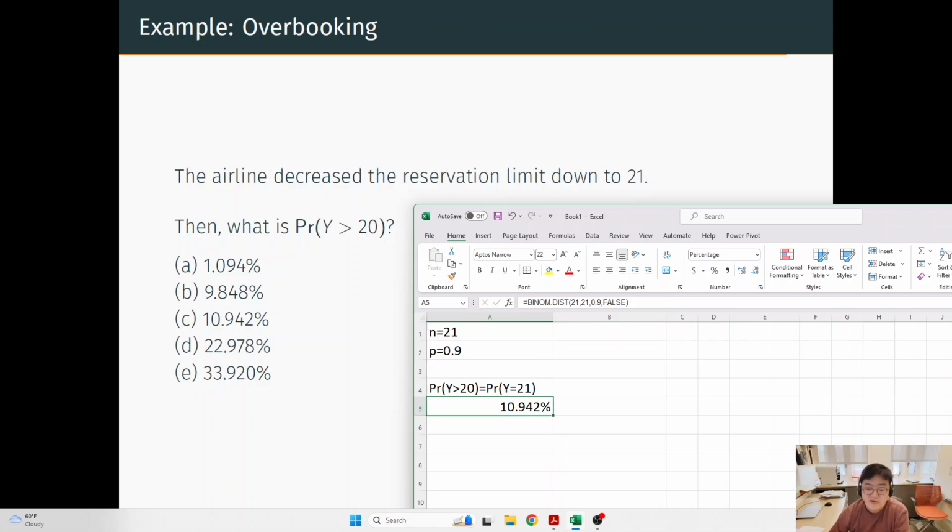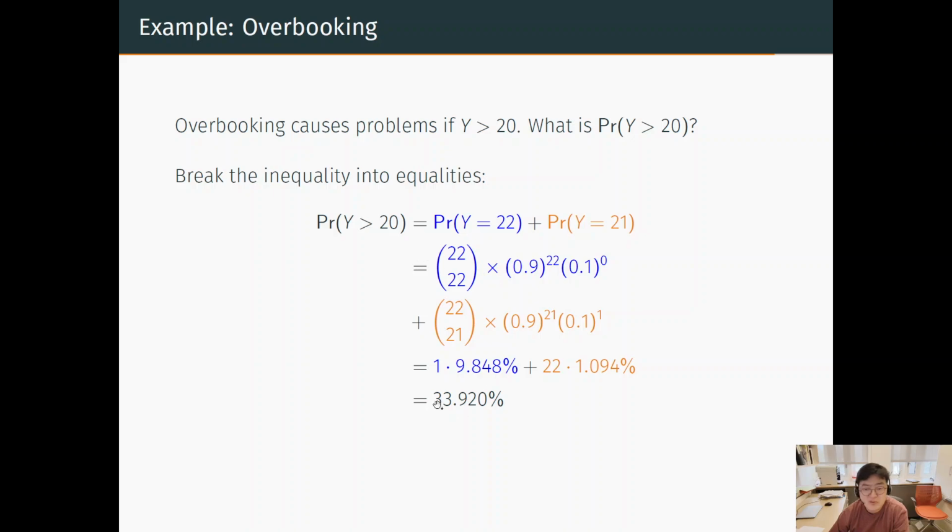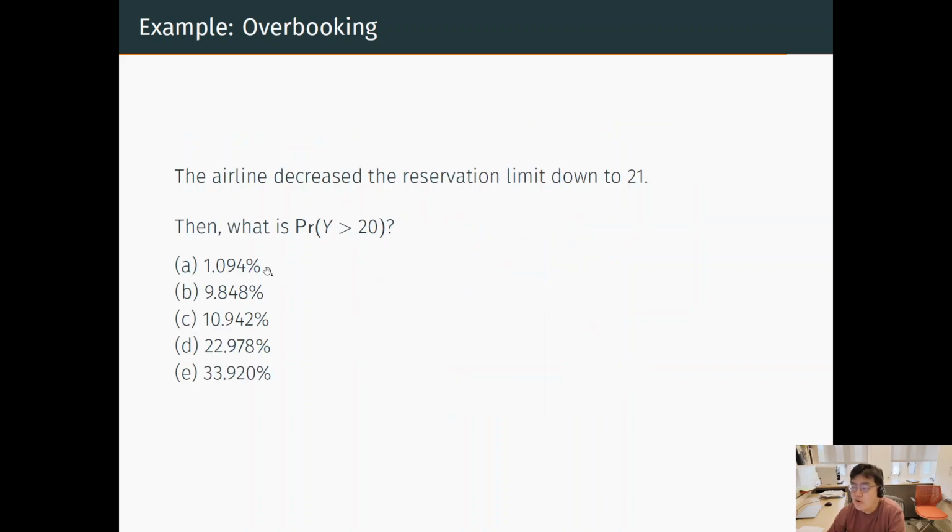So the reason why I wanted to show you this example is, think about the change in the probability. Previously, when you sold 2 more tickets, the probability was 33%, which is huge. But just by reducing 1, it came down to 10%, or about say 11%. So the probability became about 1/3 of the previous one.